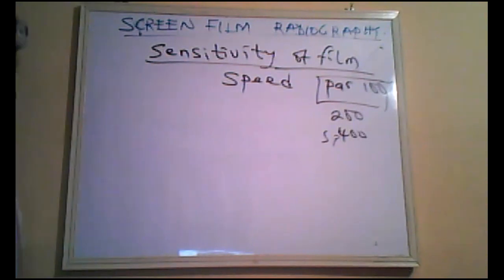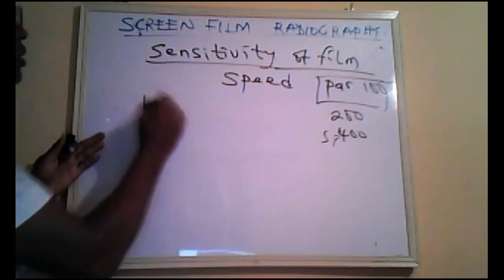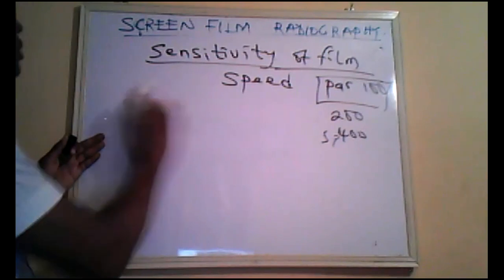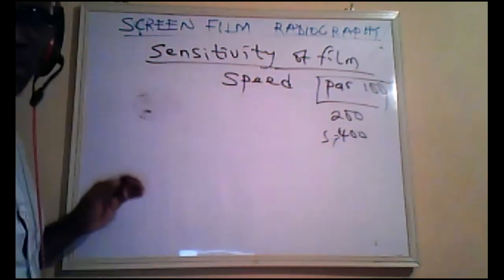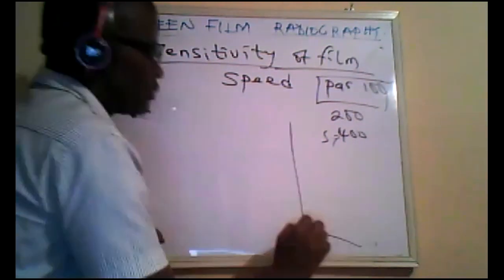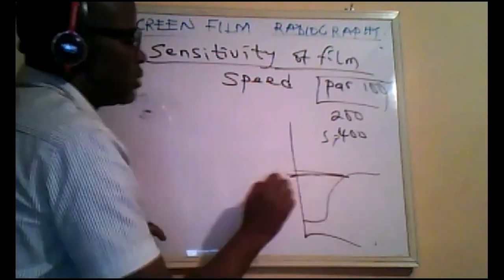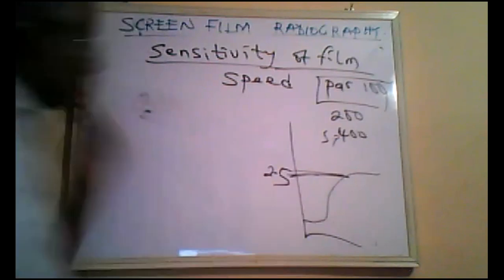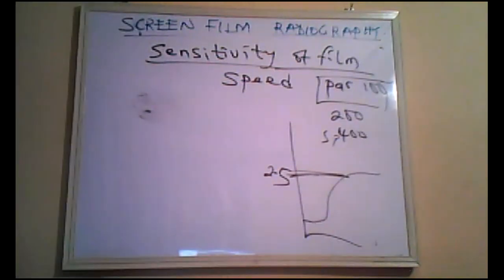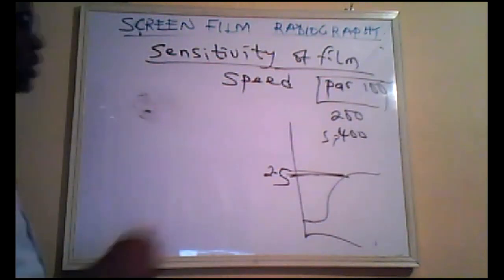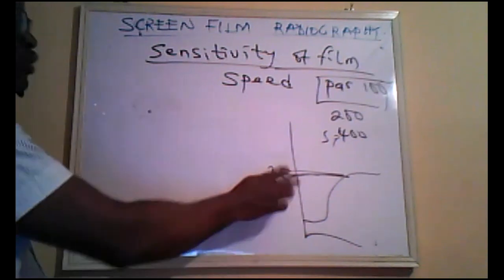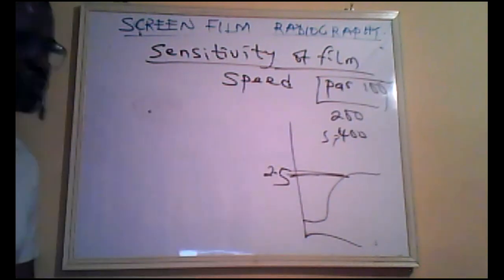If you are looking at an optical density of 1 OD or 2 OD, specific on the HD curve, say an OD of maybe 2.5, and you have two films, how many photons will be used to get an optical density of 2.5?